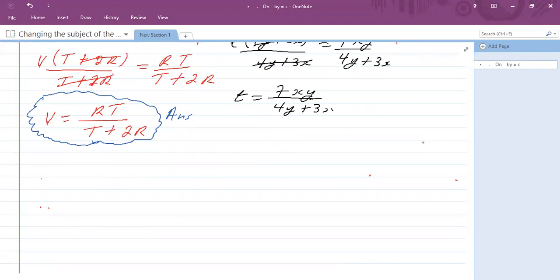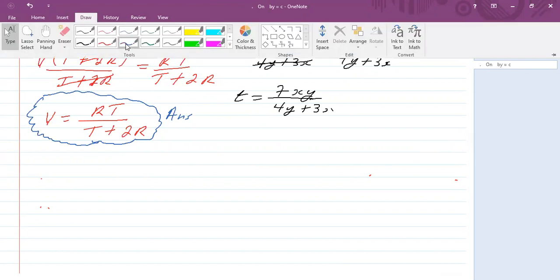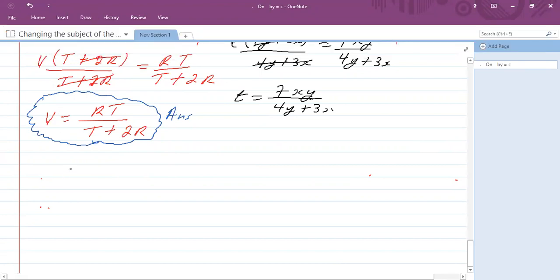What was the question again? P over S equals Q over S plus R. So you have 1 over 1, P over S equals Q over S plus R. So this was a CSEC question, and when they give you this one, you put 1 over 1.